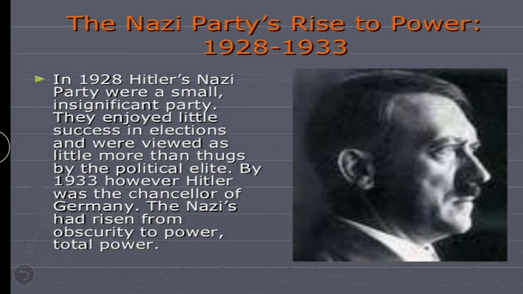By 1933, however, Hitler was the Chancellor of Germany. The Nazis had risen from obscurity to total power. So his party has gone from small power and slowly risen to total power.